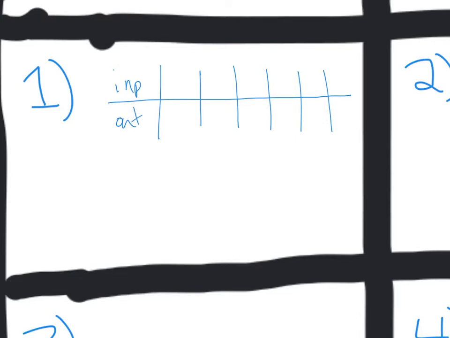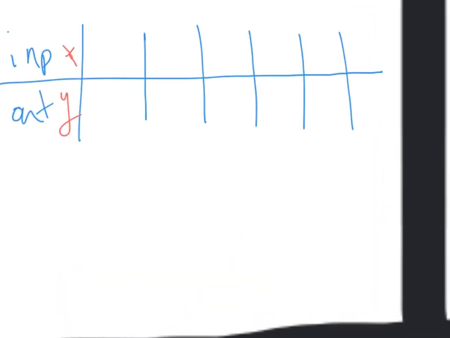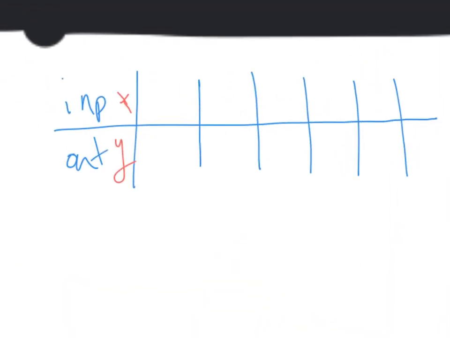This is going to be your X and your Y. And here are the numbers. 1, 6, 2, 12, 3, 18, 4, 24, and 5, 30.